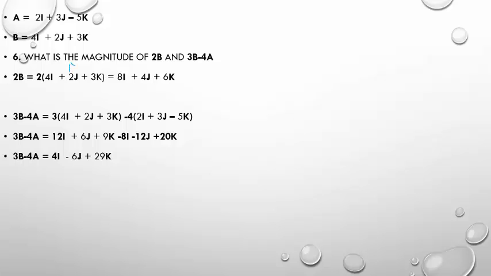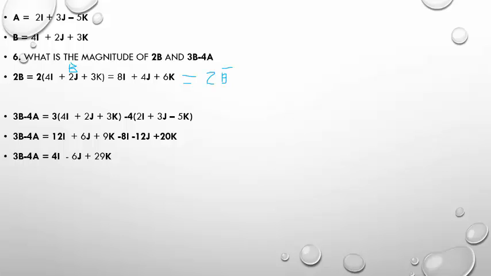We multiply 2 with vector b, and it will be 8i plus 4j plus 6k. So this one is equal to 2b. b is a vector. We are only increasing that vector b by a value of 2.